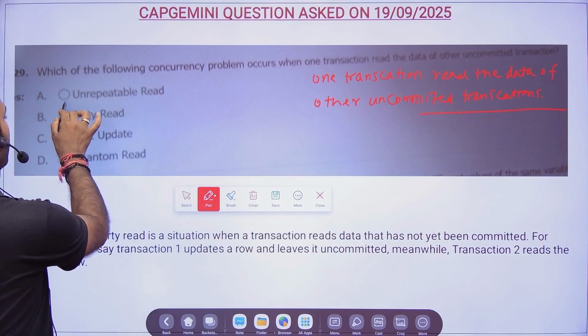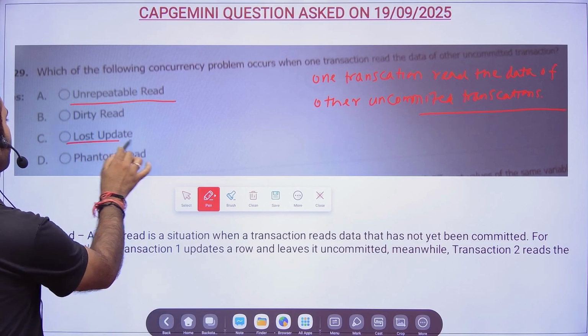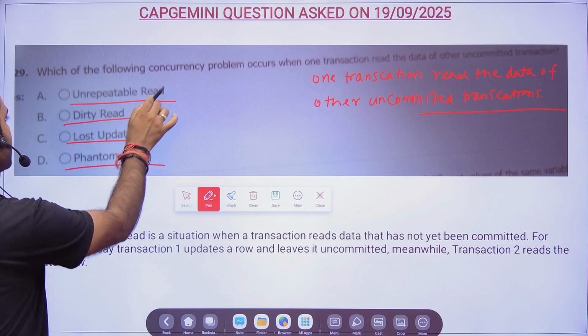So we have unrepeatable read, lost update, phantom read, and dirty read.